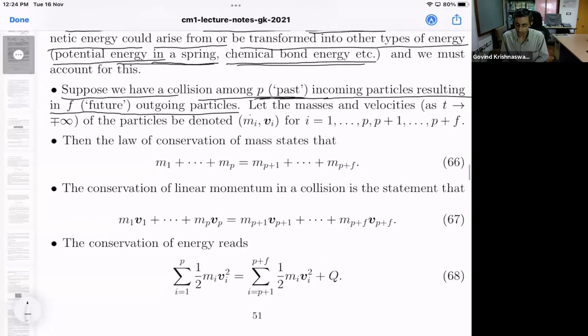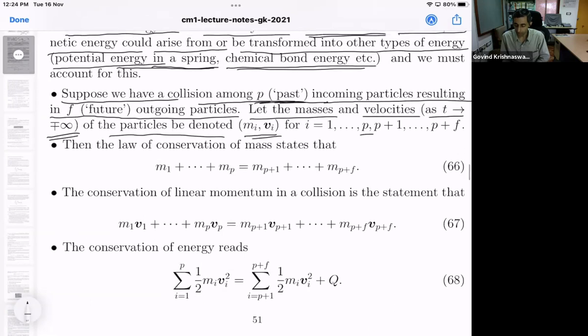Let the masses and velocities as t goes to minus infinity or plus infinity of the particles be denoted as m1 v1, m2 v2, and so on up to mP vP. These are the masses and velocities of the incoming particles, P of them.